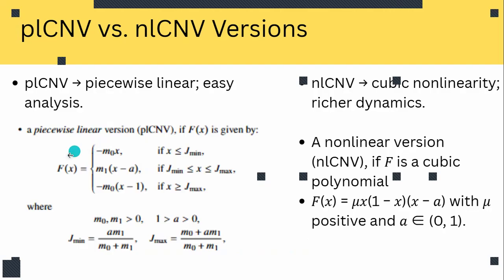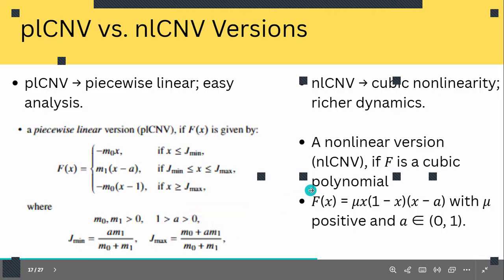So here is the f(x) for the piecewise linear CNV. f(x) is -m0 x if x is less than or equal to j_min, and m1 (x - a) if j_min is less than x less than j_max, and -m0 (x - 1) if x is greater than or equal to j_max, where the j_min and j_max parameters are given here.